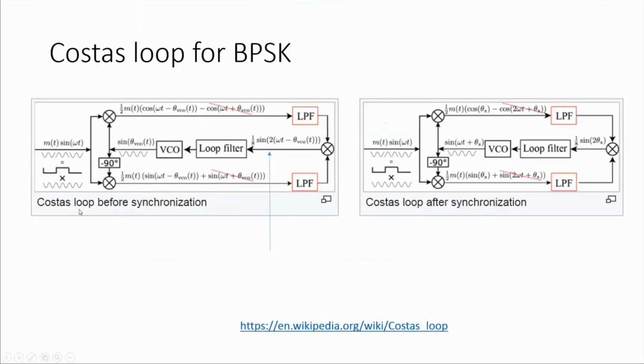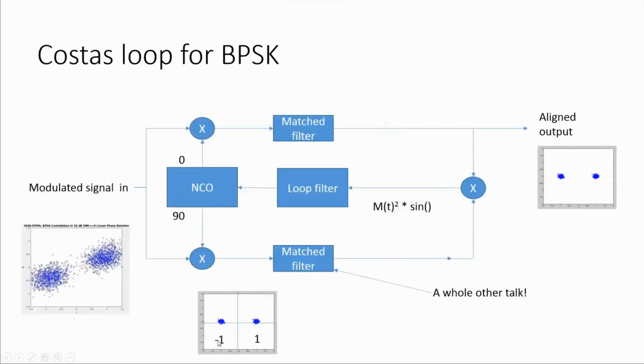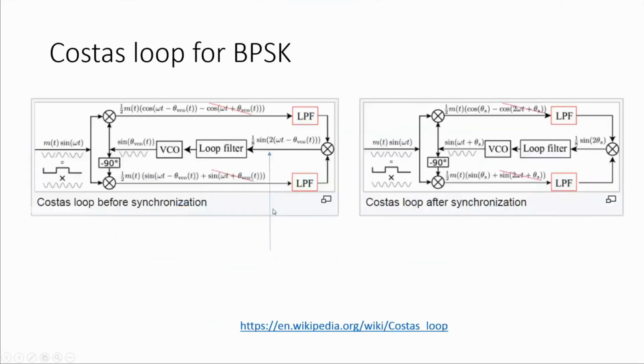So even when it's not locked, that M term goes away. This is specific to BPSK, because if you have a -1 and a 1, when you square that, they're multiplied together, it goes away, and this will now have a negative feedback that will lock.